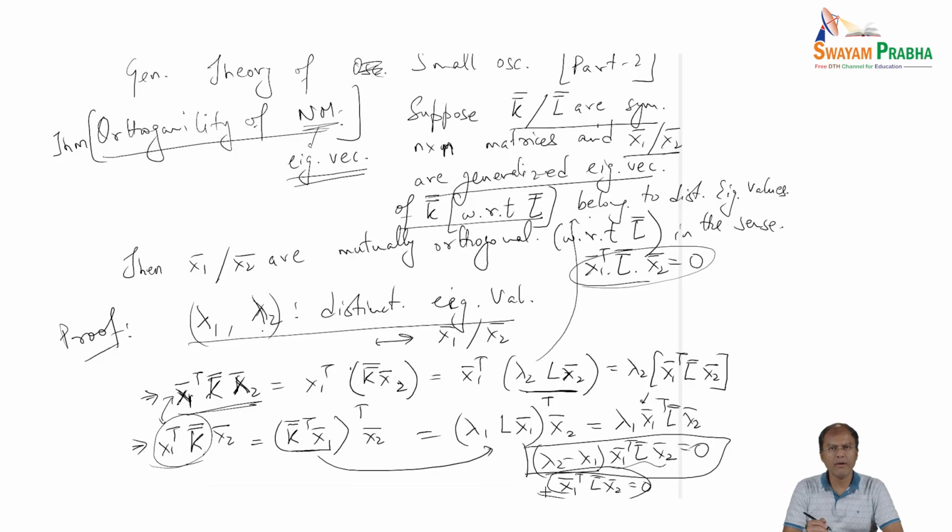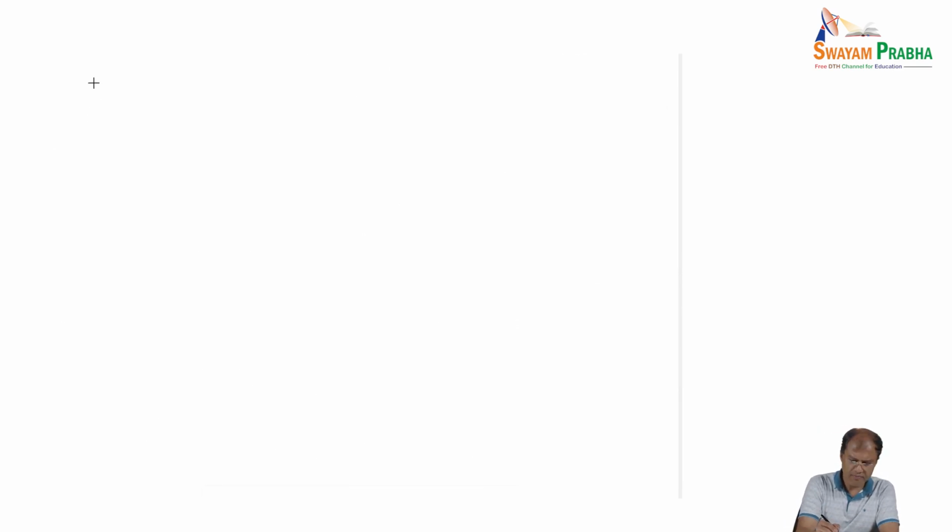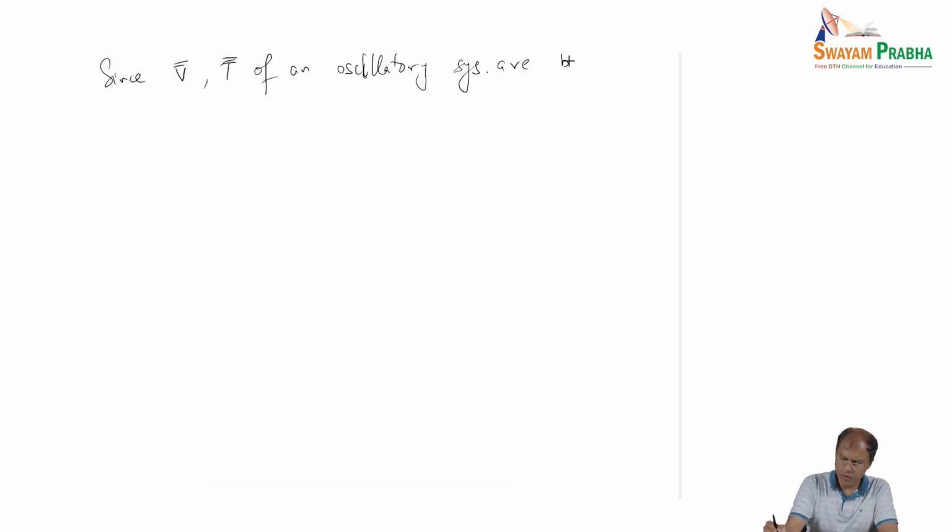I am now going to relate this linear algebra statement to our small oscillatory theory. We come back, since V and T of an oscillatory system are both real and symmetric, the above theorem applies.